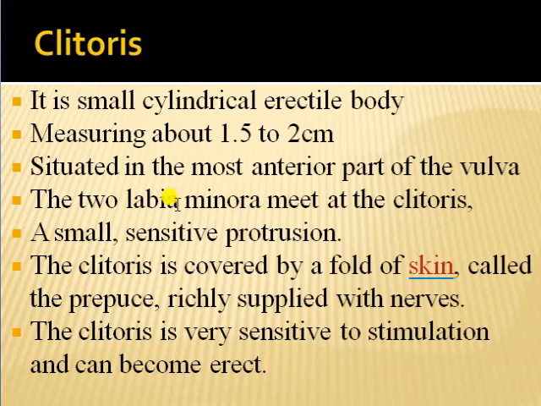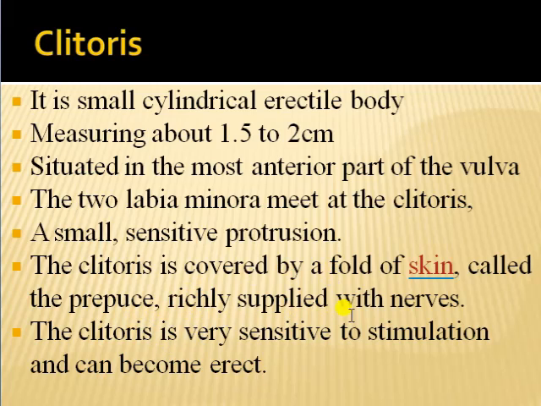The two labia minora, not majora, meet at the clitoris, so they are joined at the end. There the clitoris presents a small sensitive protrusion. The clitoris is covered by a fold of skin called the prepuce. See, the clitoris is covered by the two folds of skin.